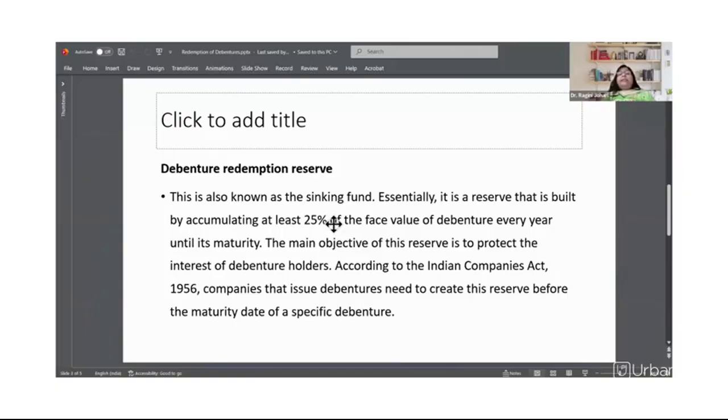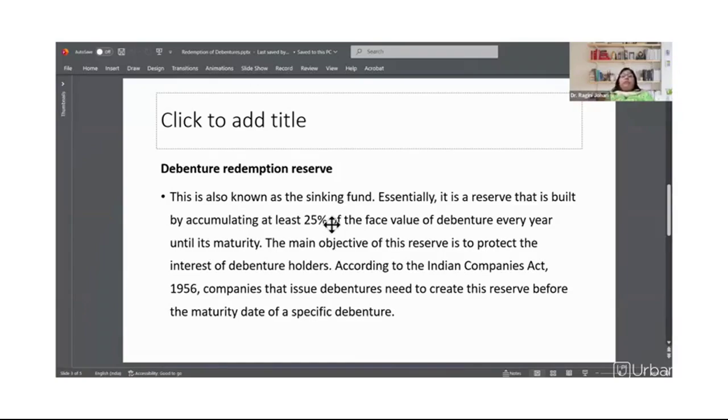So basically, this is a sinking fund created by the companies to ensure that at the time of redemption the sufficient amount is present in the company for the purpose of redemption, right? So a separate reserve, a separate fund is created for this purpose.